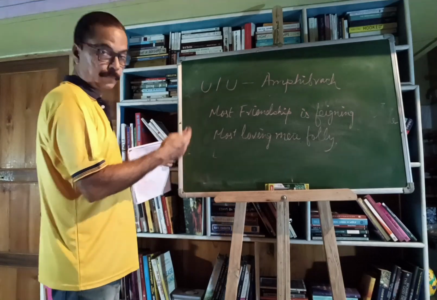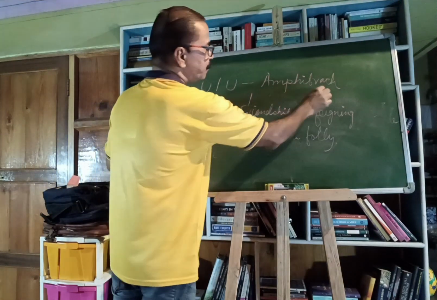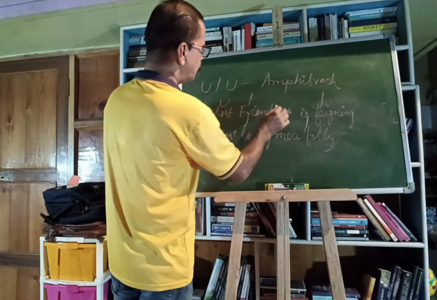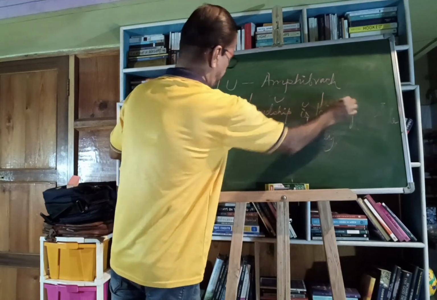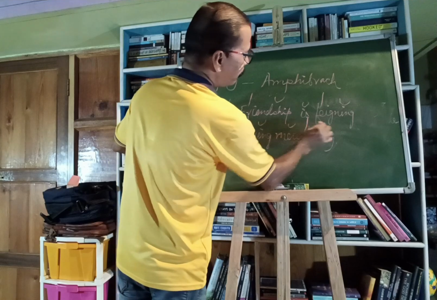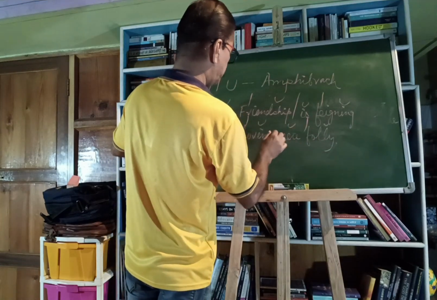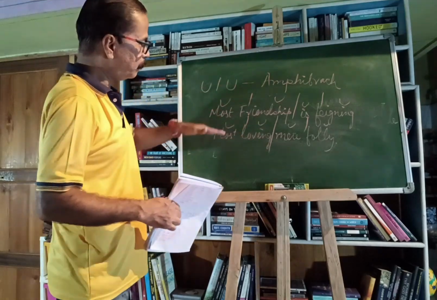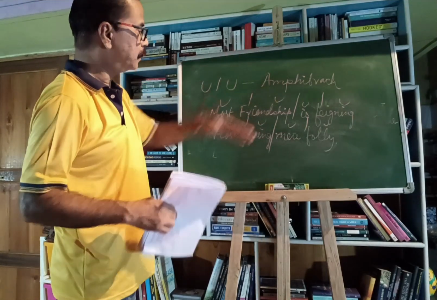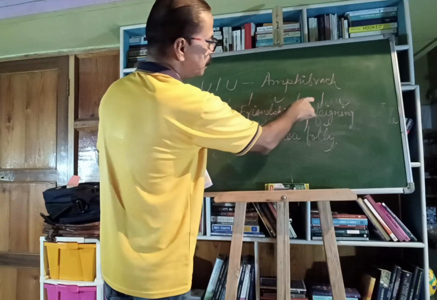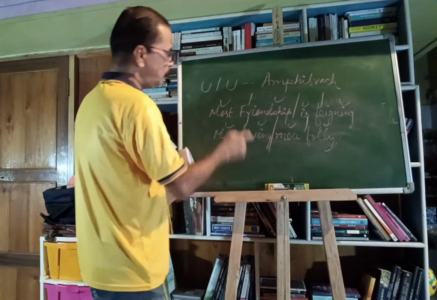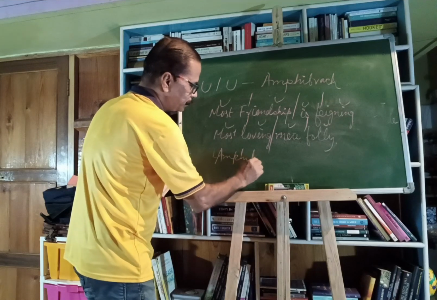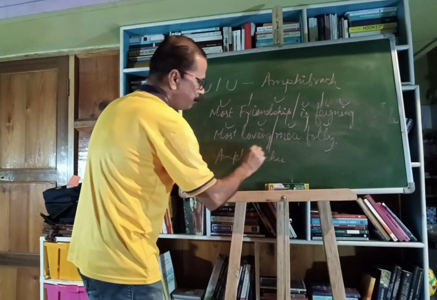So here the stress, of course, will be: most friendship is feigning, most loving mere folly. So what's the pattern? Most friendship is feigning, most loving mere folly. So unstressed, stress, unstressed, unstressed, stress, unstressed. Similar here. So again, it is amphibrachic. Two feet, it is dimeter.